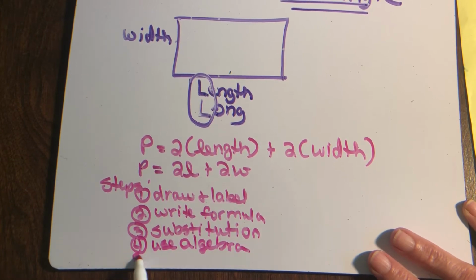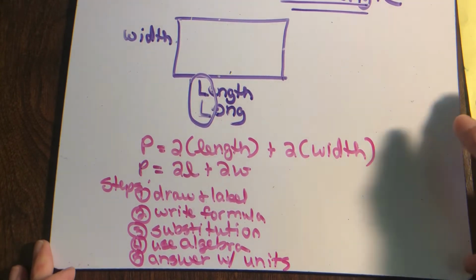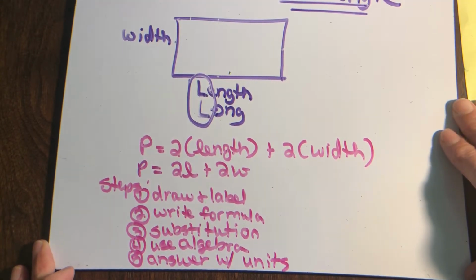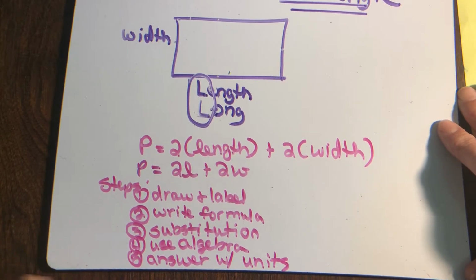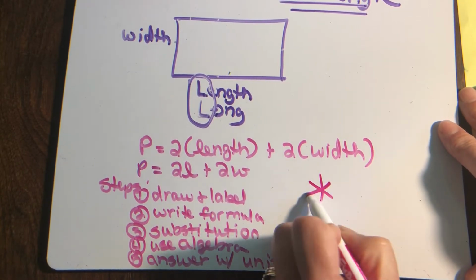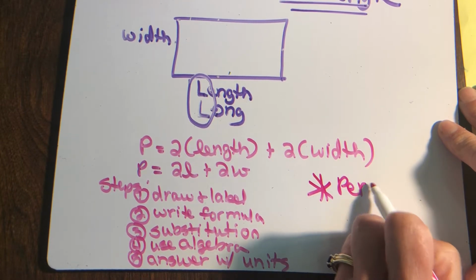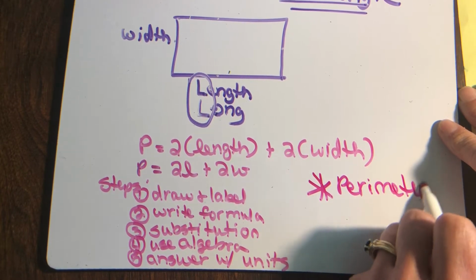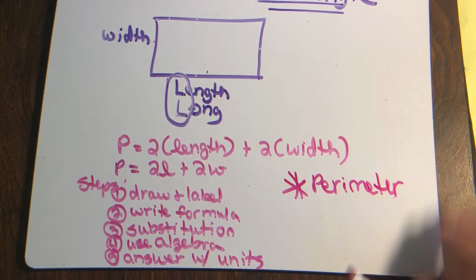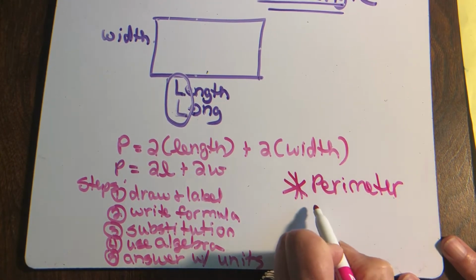Now, when you write your answer, you must report your units with it, okay? And remember that for perimeter, our units are plain units, which means you don't square them or anything. So that's a point to notice. Perimeter has plain units, and you'll see why this is important as we continue with area and volume.